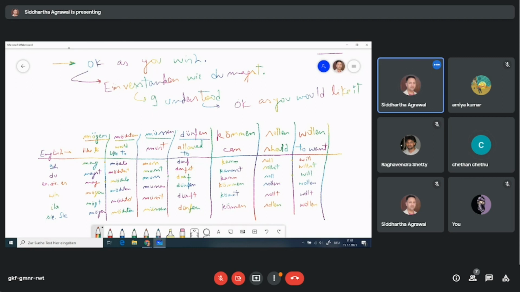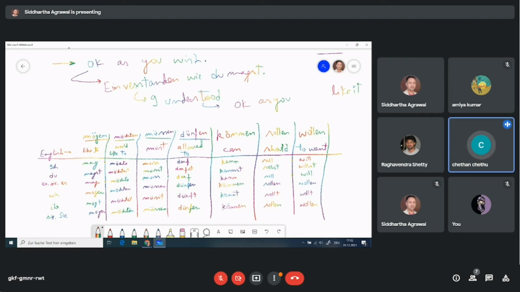We simply say, okay, as you like. But it confuses, because last time we said "I wish to have pizza" and we used "ich möchte pizza essen," because that was for the wish.